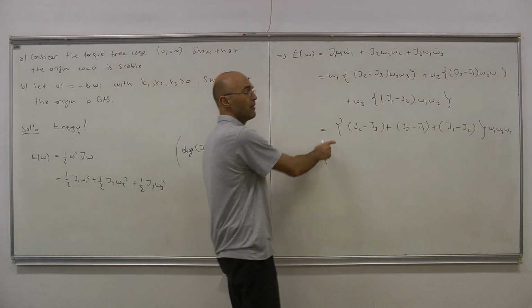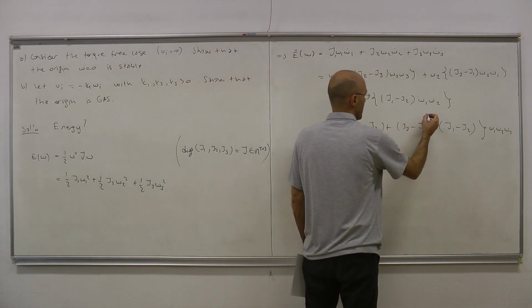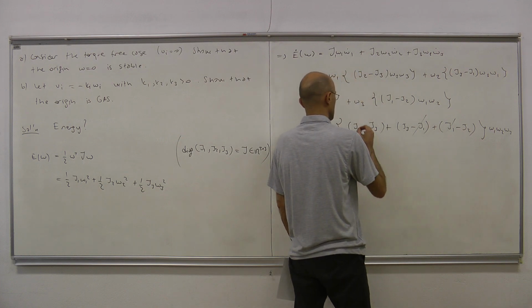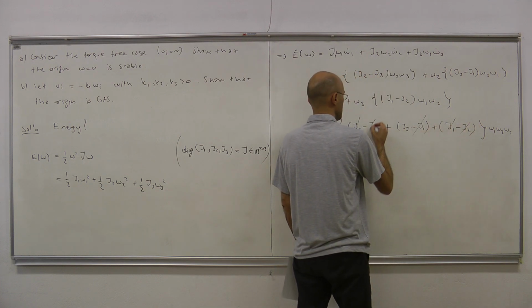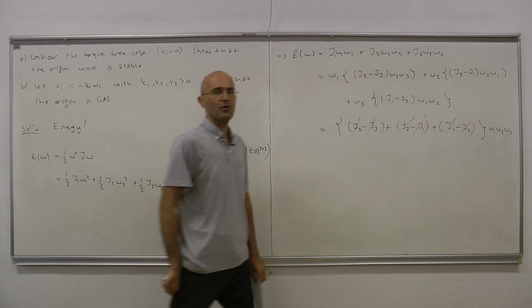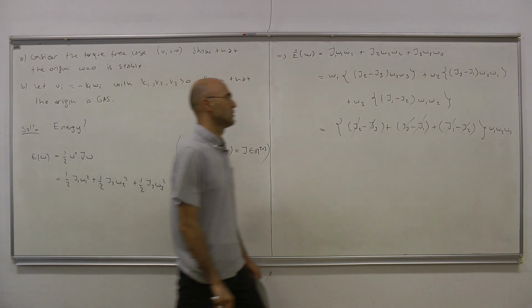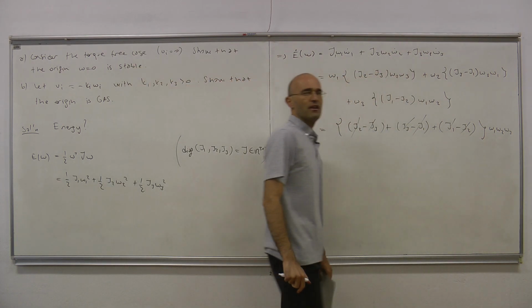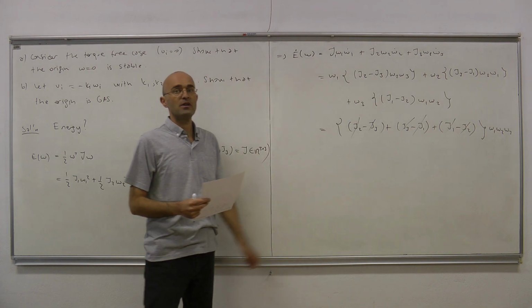Now, here a very nice thing happens. Everything cancels, J2 with minus J2 and minus J3 with J3. And regardless of omega values, therefore E dot is always 0.